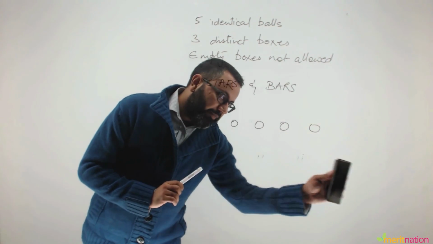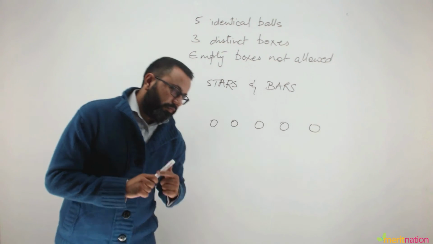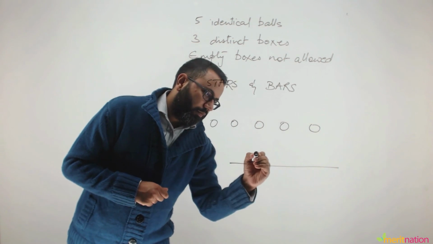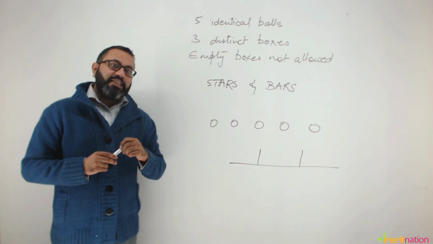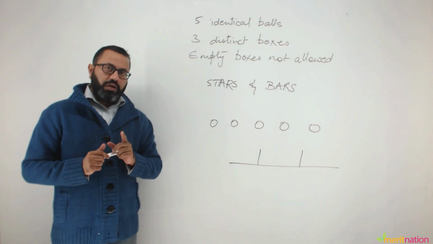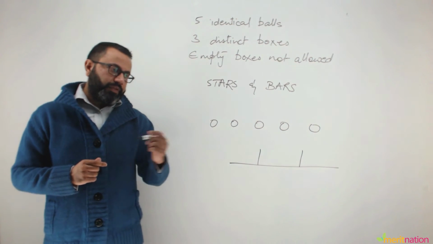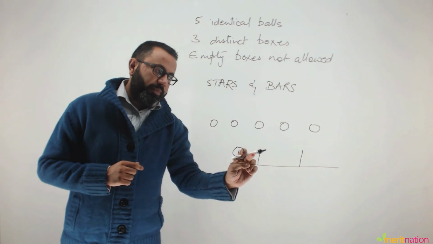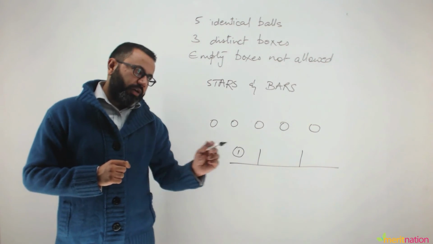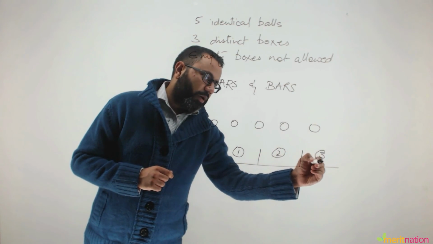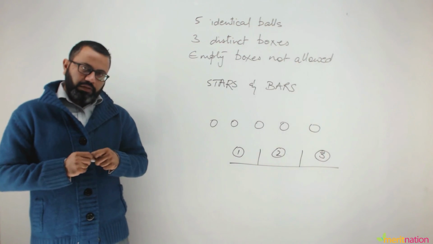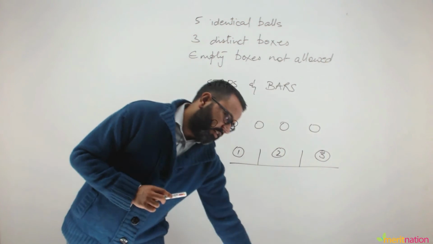Let me just draw it again. It is still easy to identify which one is box 1, which is box 2 and which is box 3. Simply, the one before the first boundary is box 1, between the first and the second is box 2, and beyond the second boundary is box 3. We don't really need the bases either then.